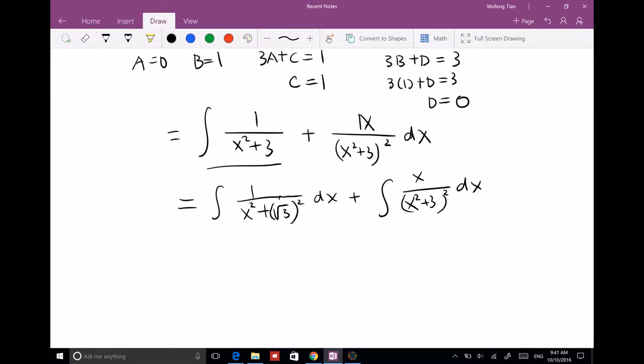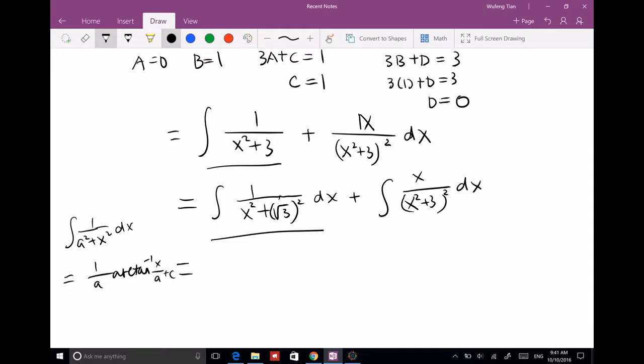Here I would want a student to help me with this antiderivative. How about Eric? Can you help me with this one? Are we going to use trig substitution? Yeah, we can use trig substitution, but this is a normal one we see a lot before. 1 over a squared plus x squared dx is inverse tangent of x over a.